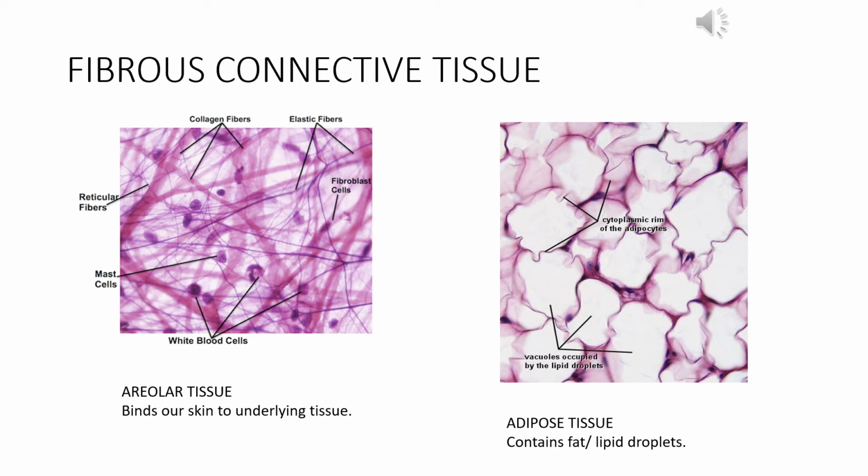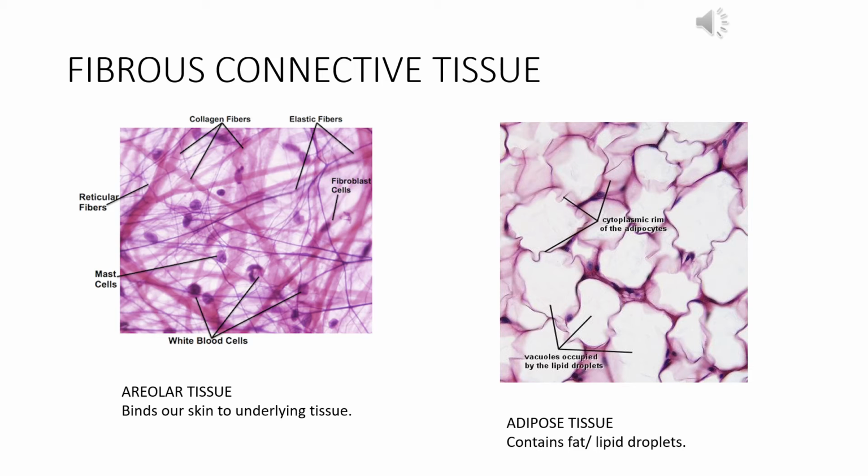The second type of connective tissue that we are concerned about is the fibrous connective tissue. The first type of fibrous connective tissue is the areolar tissue. What does the areolar tissue do and where is it located? We have talked about the outer layer of skin, and that was a type of epithelial tissue.